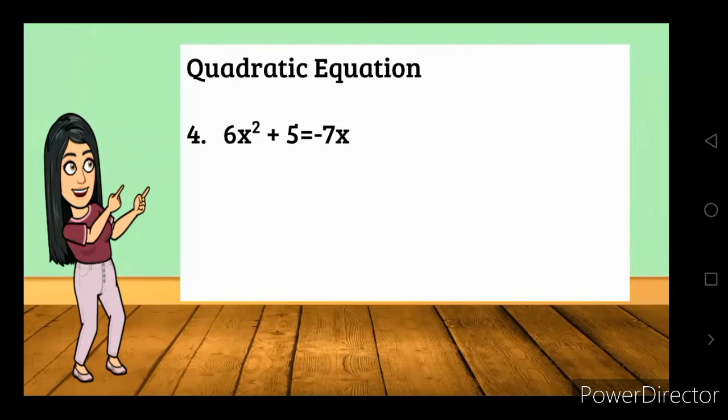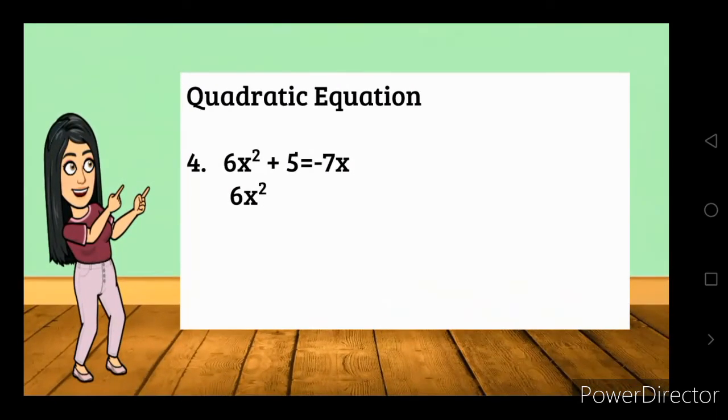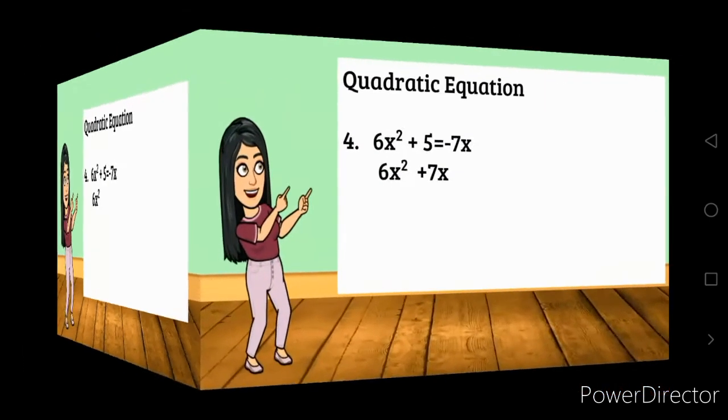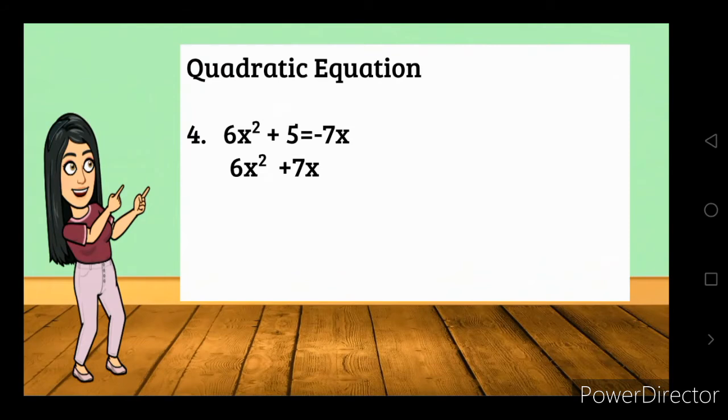Then, number 4 example: 6x squared plus 5 is equal to negative 7x. The first term is 6x squared, the quadratic term. Then, let us proceed to the linear term, which is negative 7x. When we transpose it to the other side of the equation, it will become positive 7x.